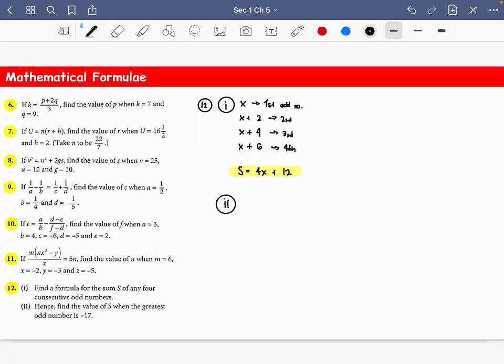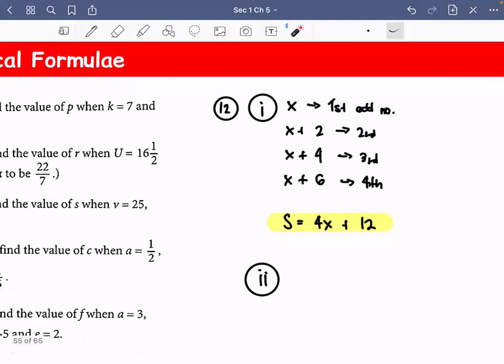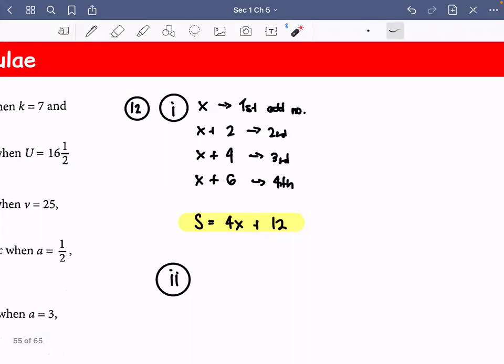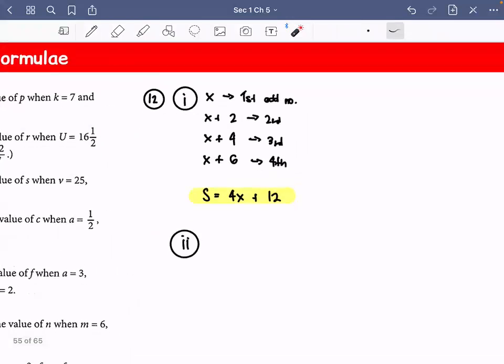find the value of S when the greatest odd number is -17. There's a slight twist. What is the greatest odd number among these 4?